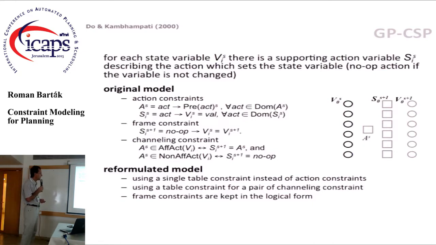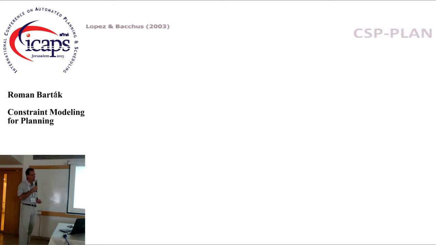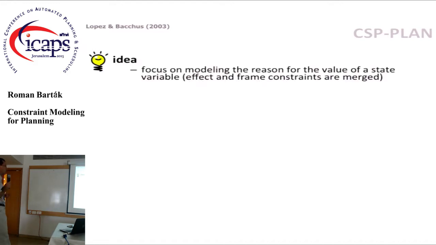Okay, so this is the second model, and let me now show at that time the best model, which was proposed by Lopez and Bacchus. It was called CSP-Plan, and it was based on a clever idea that it's somehow appearing already in the GP-CSP model before.